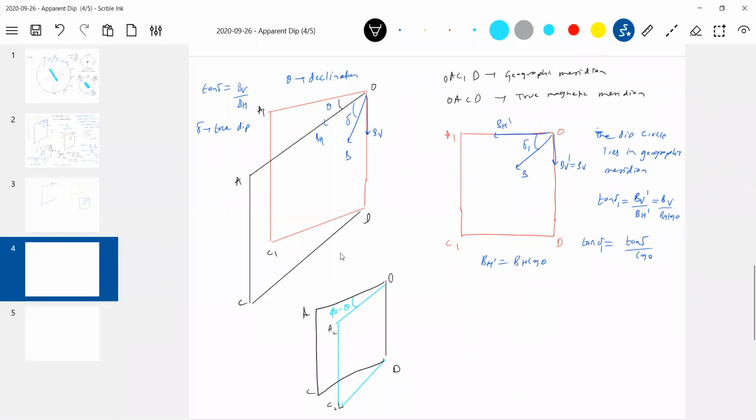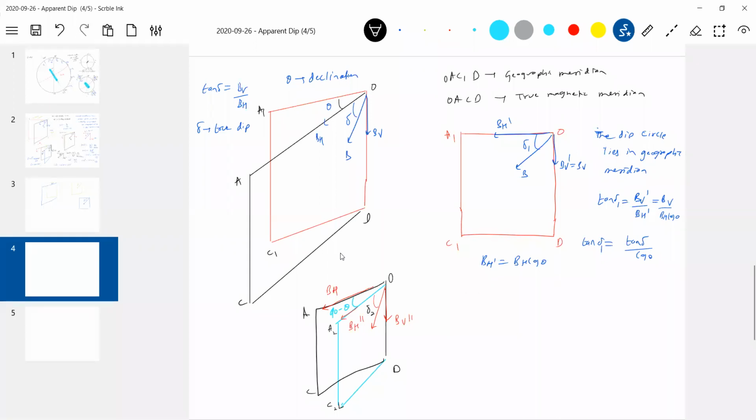This is the BH value. So what can be this value now? It will be BH double dash, and the true dip, delta 2, we took it, no? Now from looking at the diagram, what is tan delta 2?